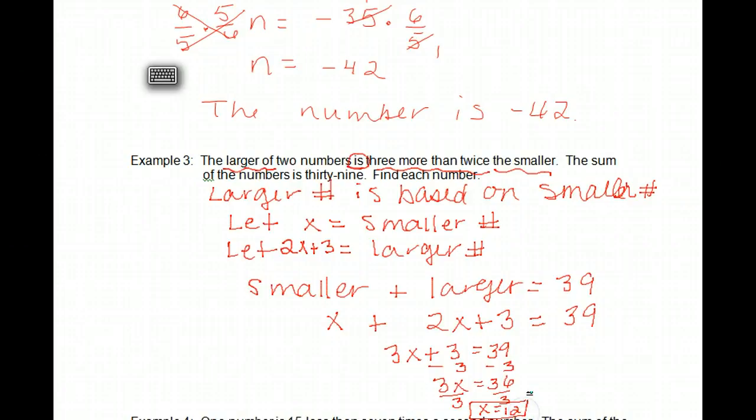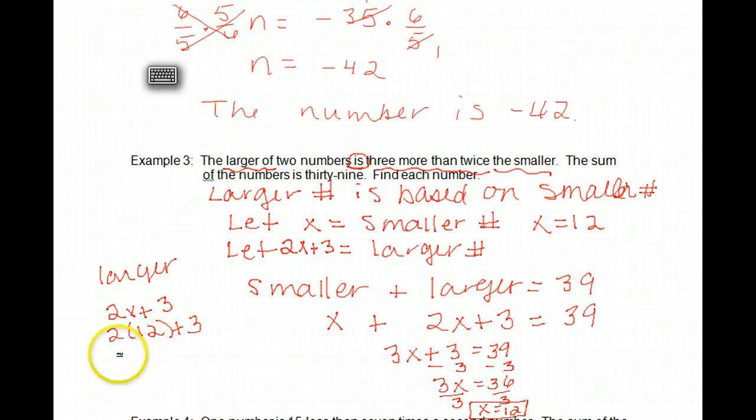We have solved for x, which gives us the value of the smaller number. In order for us to find the larger number, I must plug my value of 12 into the expression of 2x plus 3 so that we can find the value of that larger number.